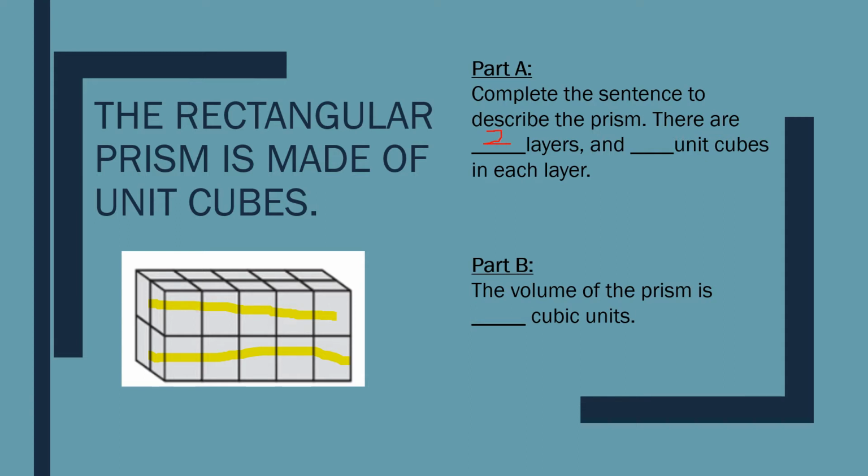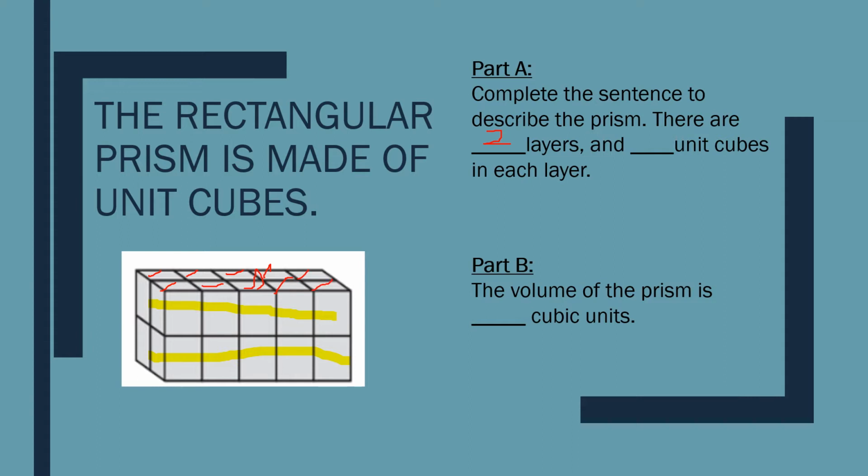Now it says, and unit cubes in each layer. So if I look at that top layer, I can look at the top of them and count. So I have 1, 2, 3, 4, 5, 6, 7, 8, 9, 10.